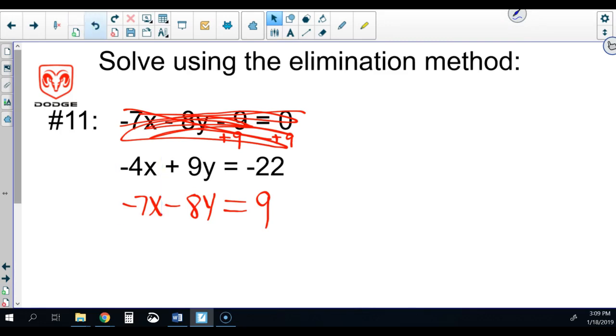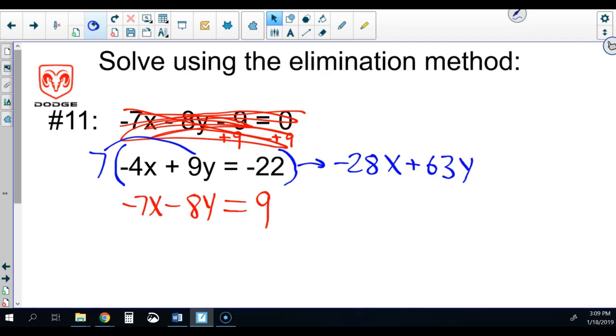So the top equation can go to 28 if I multiply that whole thing by 7. So it's going to turn into negative 28x plus 63y equals 7 times negative 22 is negative 154. So the top equation now has a negative 28x.